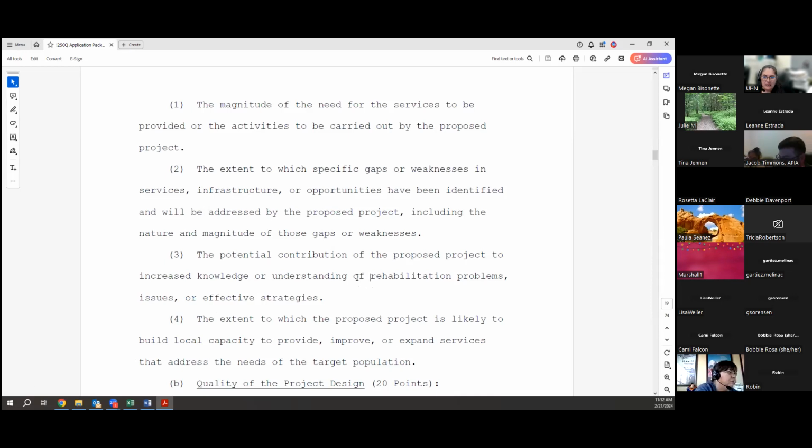So for data, is anybody struggling with accessing data to build their needs section, needs and significance? Or does everybody feel like they've got the data part down pretty well? Our data is just tough because we don't have great data for our region.